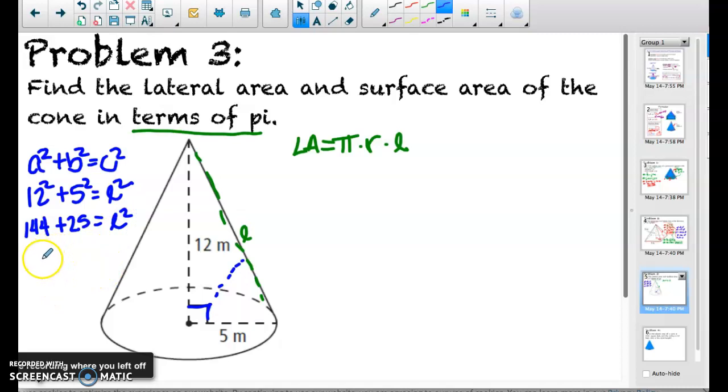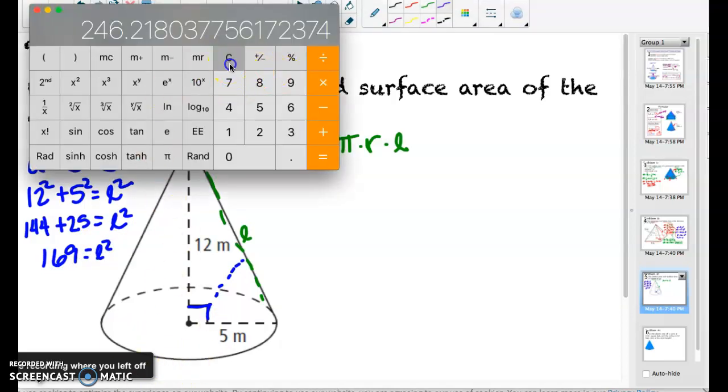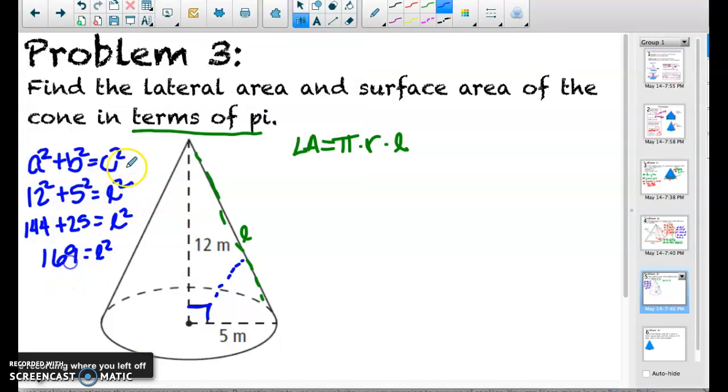And so then I get 169 is equal to slant height squared, and the square root of 169, I end up with 13. Okay, perfect. So the slant height here is 13.